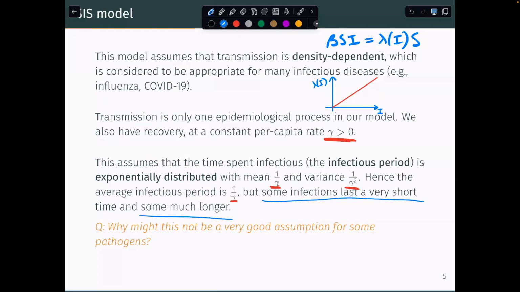In many cases, people might be infected on average for 7 days, but they never recover before 3 days, and never recover after 20 days, and therefore it's much more tightly condensed. So the answer here is that some pathogens have a narrow infectious period.